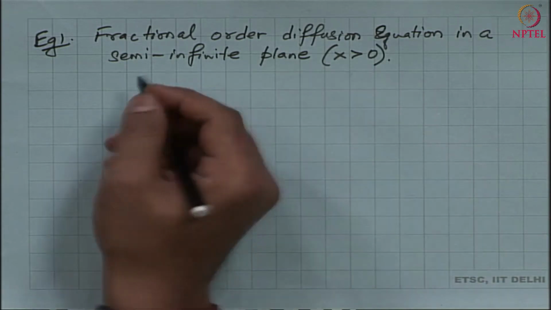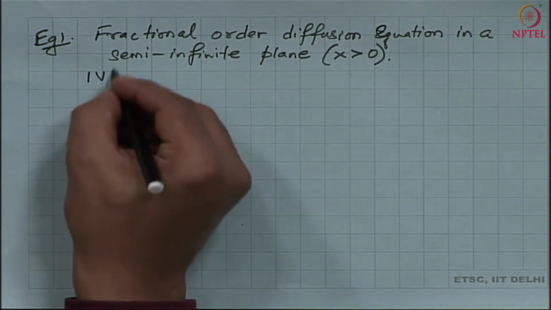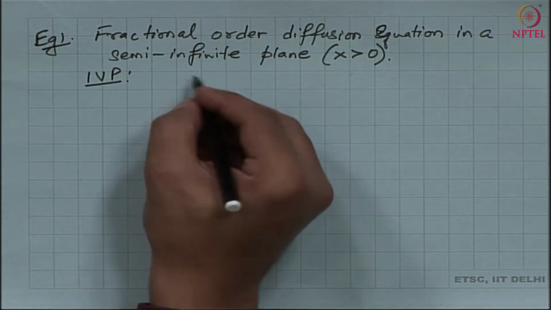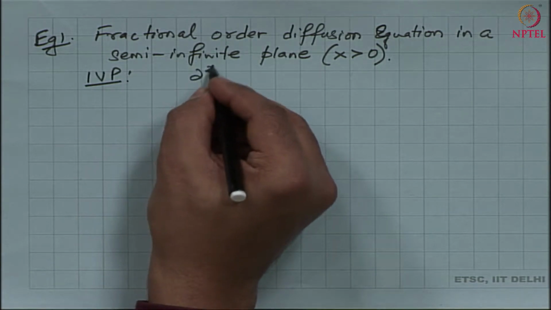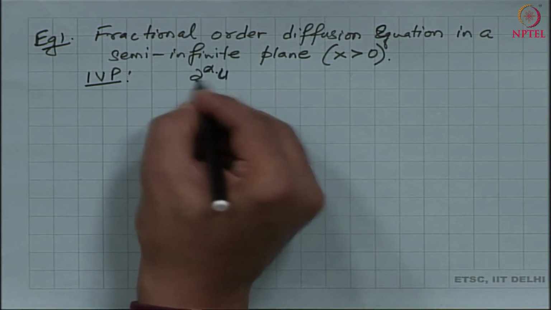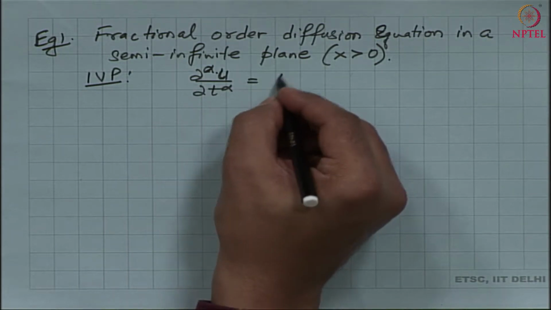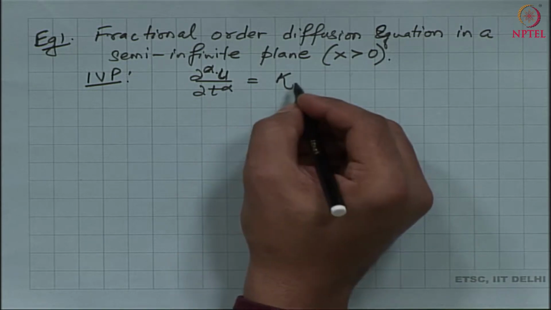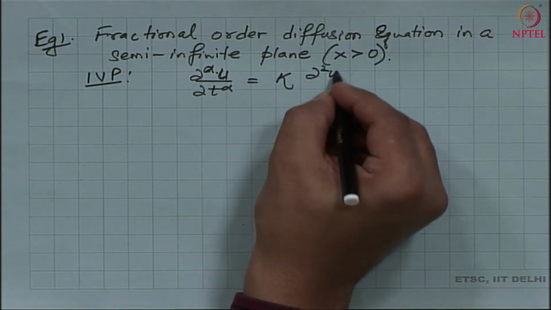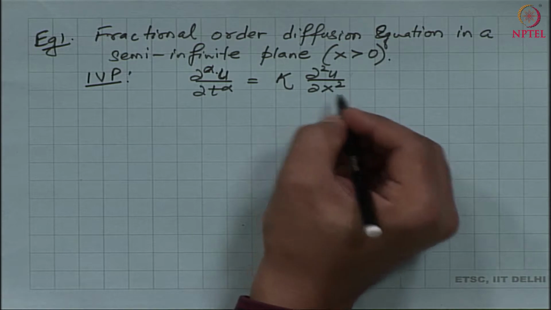Okay. So, this is an initial value problem given by the following PDE: the fractional derivative of order alpha of u with respect to t is equal to kappa times the second derivative of u with respect to x.